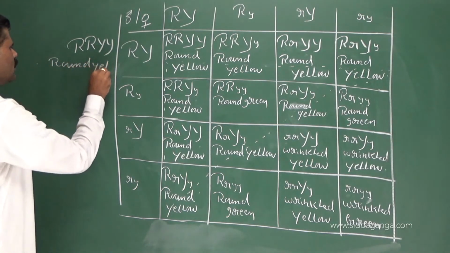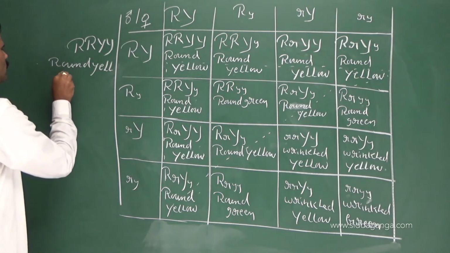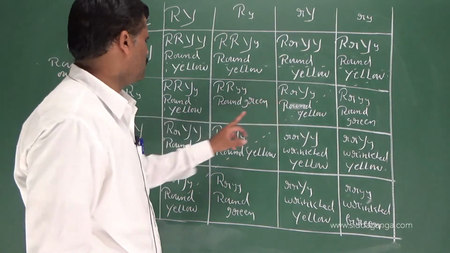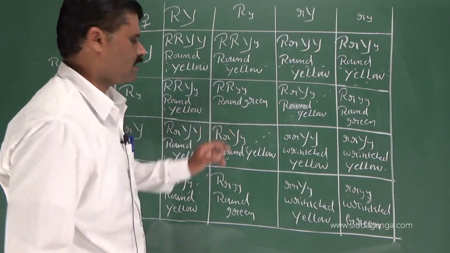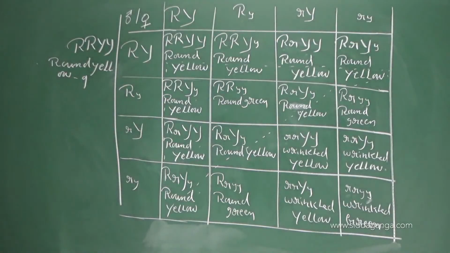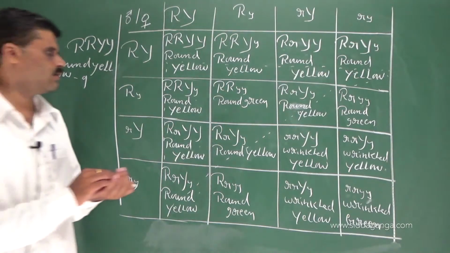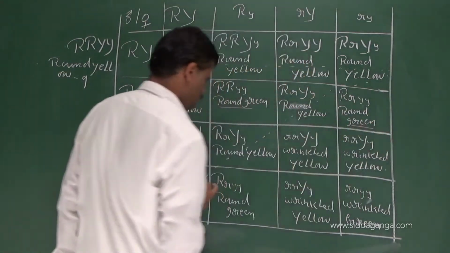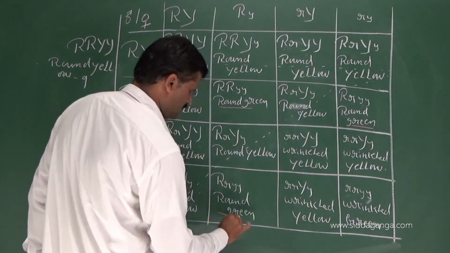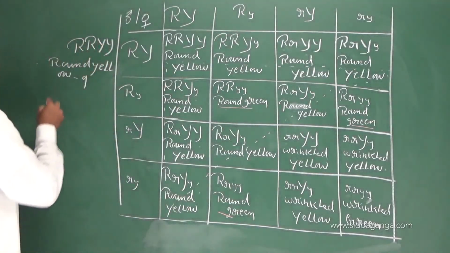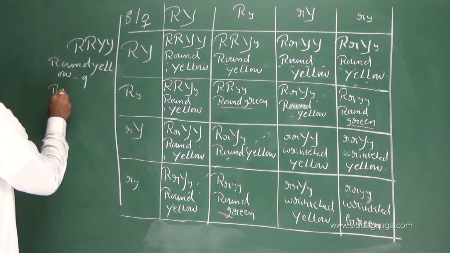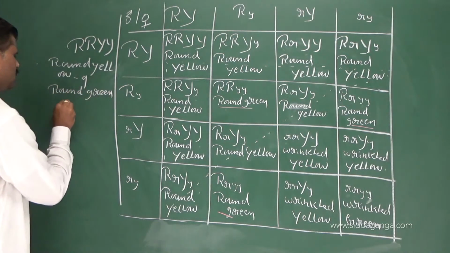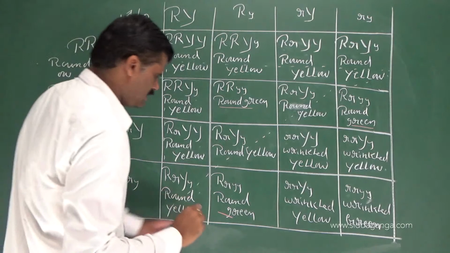Next character, round green: 1, 2, 3, right? Round green is 3.